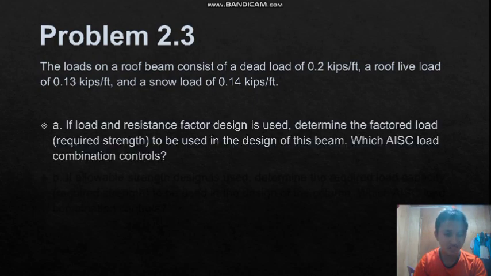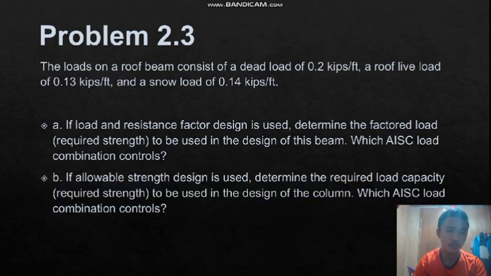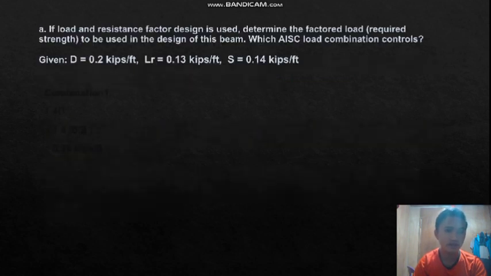So this is sub-question A and sub-question B. For sub-question A, if load and resistance factor design is used, determine the factored load to be used in the design of this beam, and which ASCE load combination controls. Given dead load is equal to 0.2 kips per foot, roof live load is equal to 0.13 kips per foot, snow load is equal to 0.14 kips per foot.